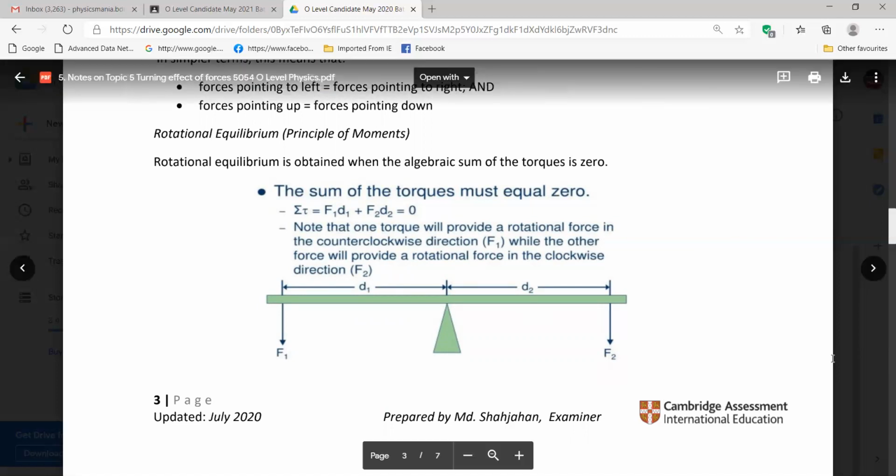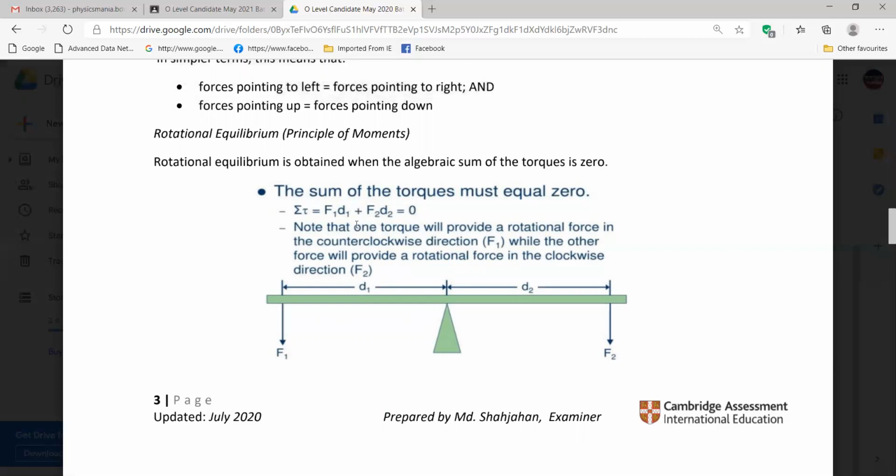Yes. If the direction is opposite, then one will be negative of the other. Is it clear? Yes, sir. So if one is F1 D1, then another one is equal to minus F2 D2. That means if you add them, they will be zero, right? Yes. You sum them up, then it will be zero.